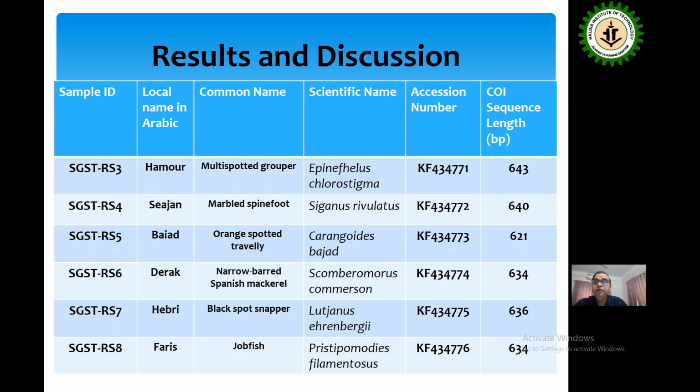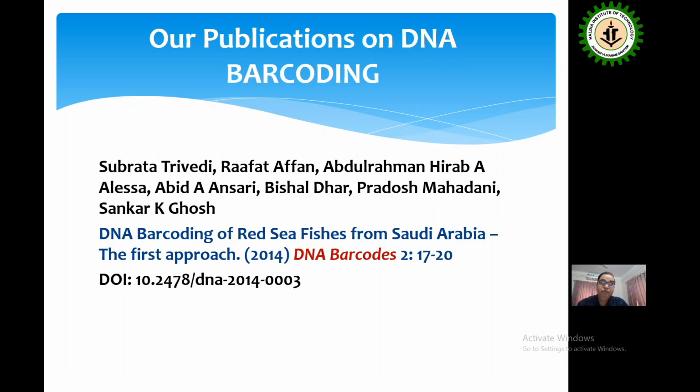If you put the accession number into GenBank, NCBI, you can get the details about each species we submitted, and the sequence length in base pair is also shown. This was the first DNA barcoding of Red Sea fishes from Saudi Arabia.